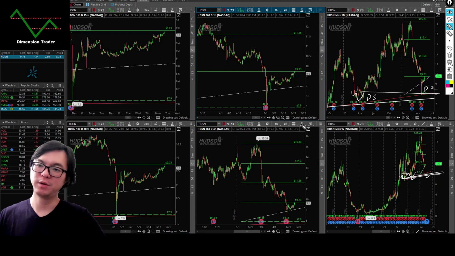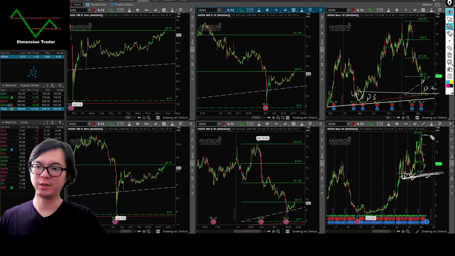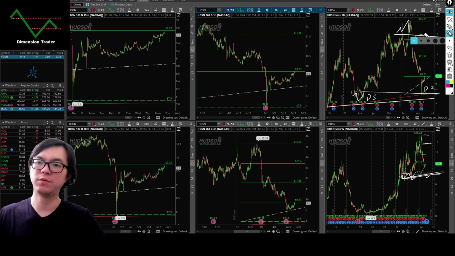This is a very good position to go long, and we were expecting price to retest up to the $13.40 area, where the resistance zone for dimension 4 is.